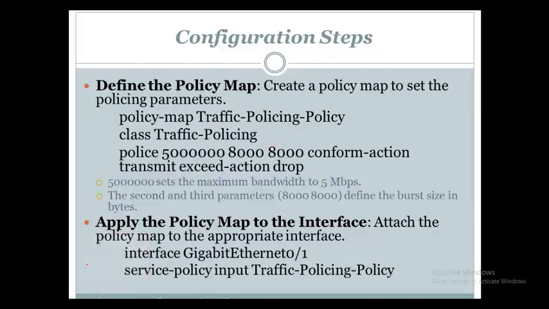Same way, you write an access list like before. Example, the access list is 101, another access list is 102. Access list 101 is matching with the voice traffic, UDP traffics. They are very sensitive.